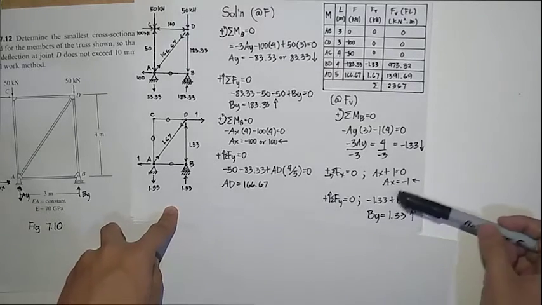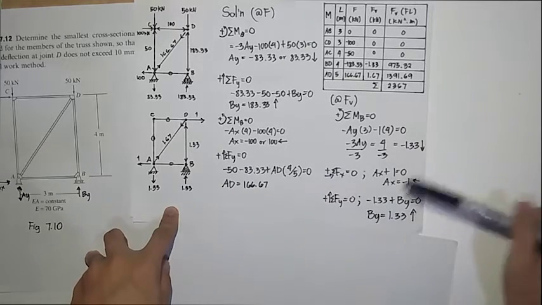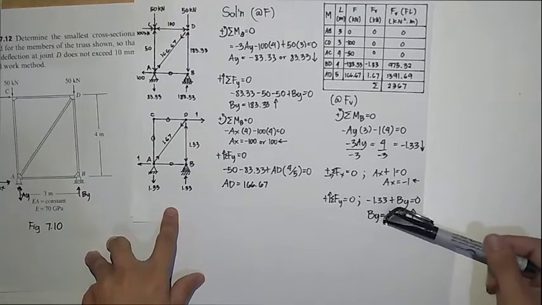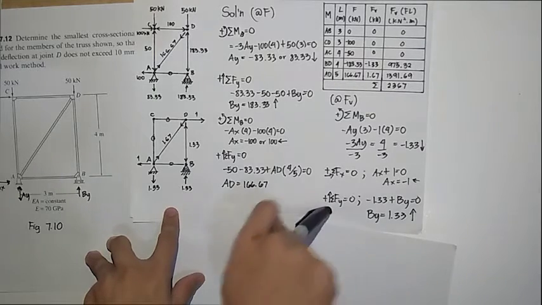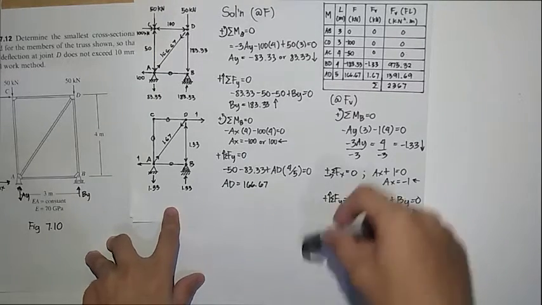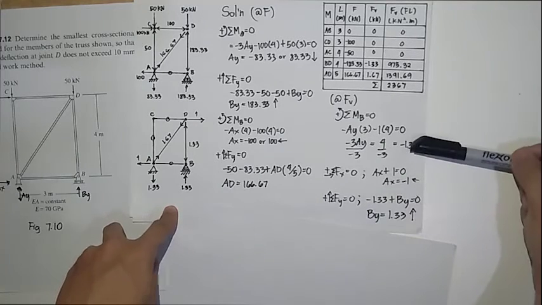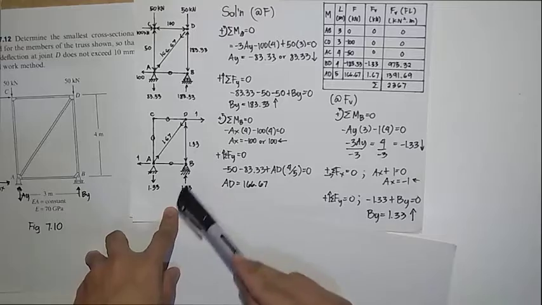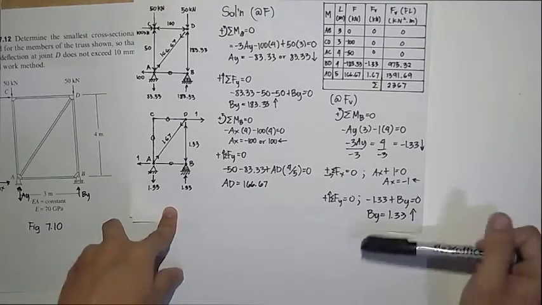So, AX is equal to negative 1, going to the left. Next, we will find BY. Summation of all the forces in Y equals 0, where positive is going upward. So, negative 1.33, which we solved earlier, plus BY going upward equals 0. So, BY is equal to 1.33.